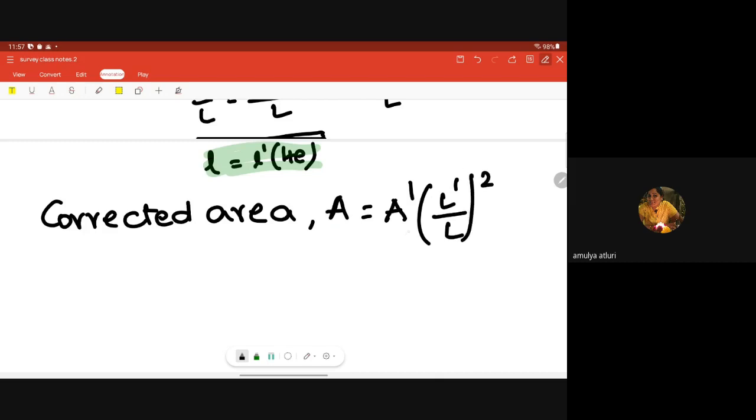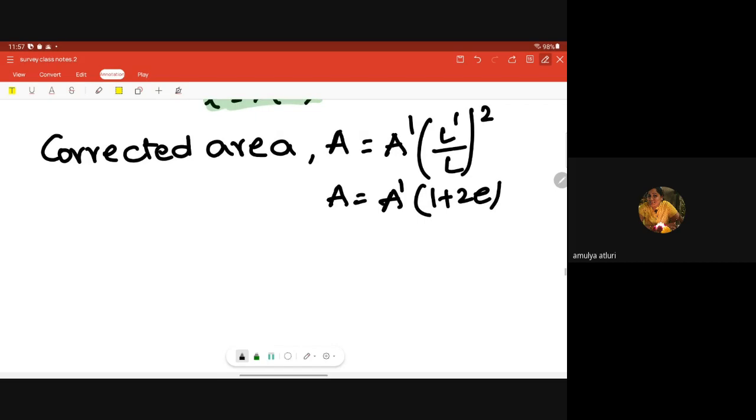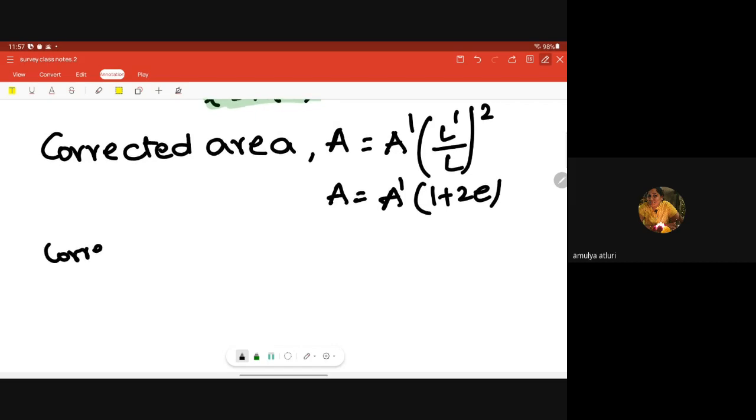So what is A dash? The measured area. L dash is the incorrect length of the chain. L is the true length of the chain. Got it? So I can write corrected area A is equal to A dash into 1 plus 2E, right? Next, corrected volume.